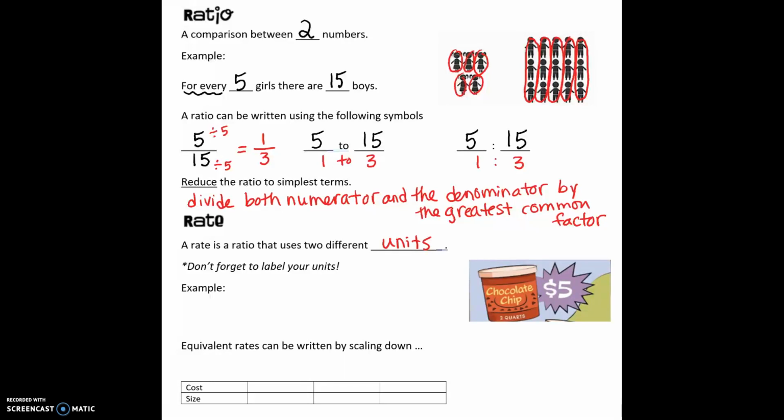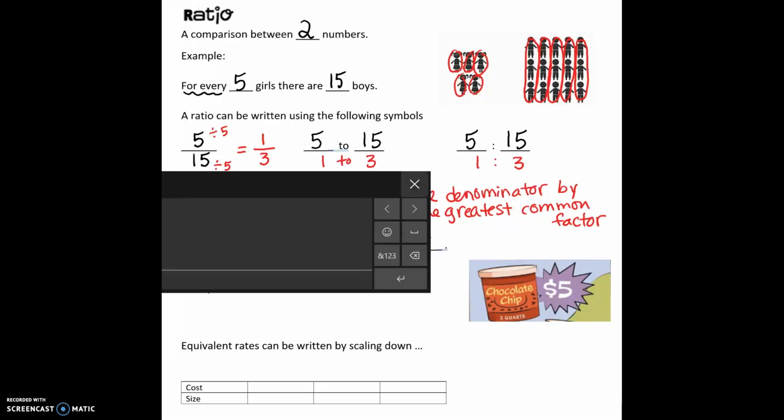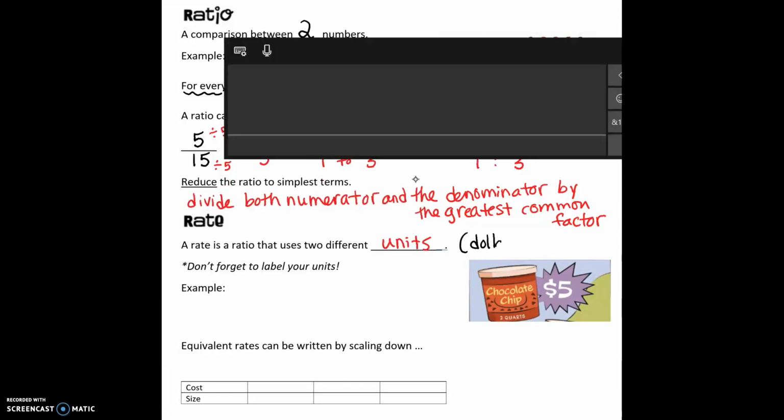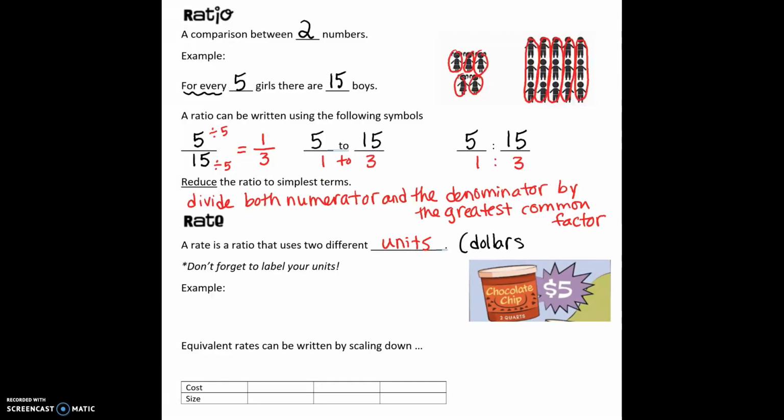Now the units here are the price or the cost and the size. So our units here are dollars and the size is quarts. So those are the 2 different units.